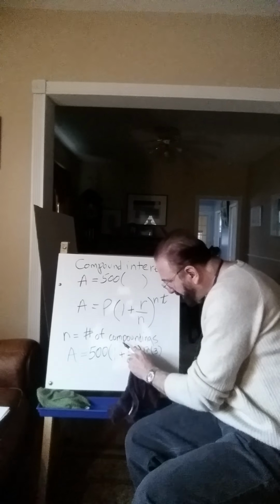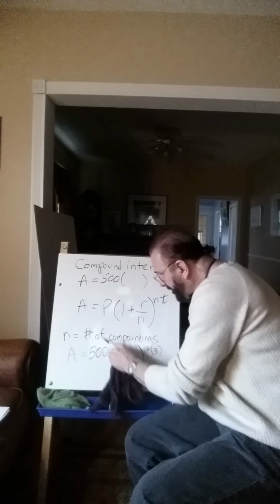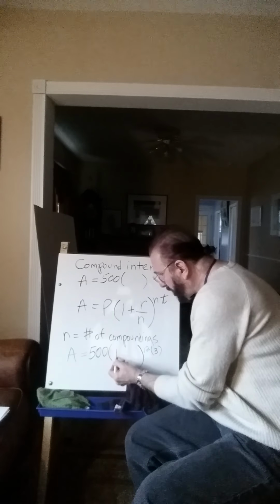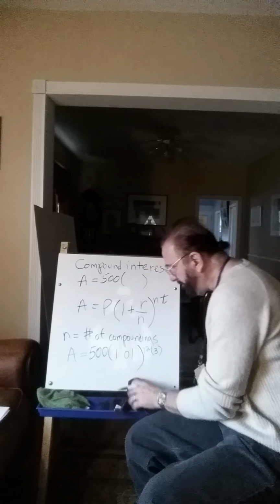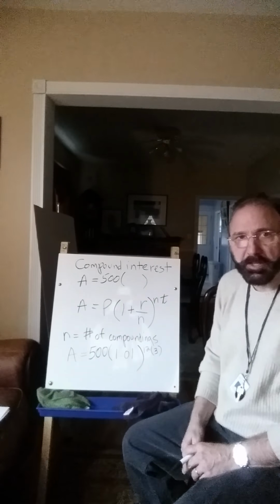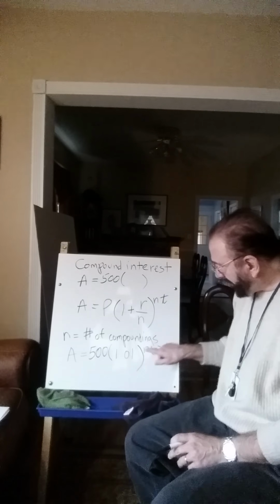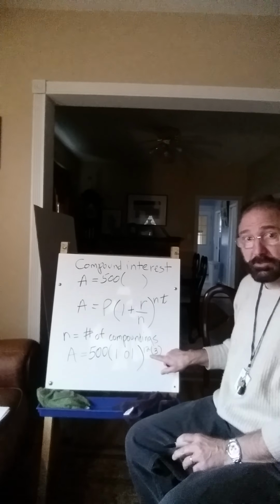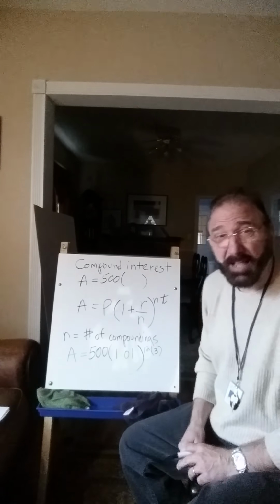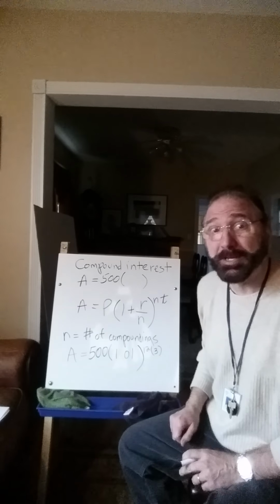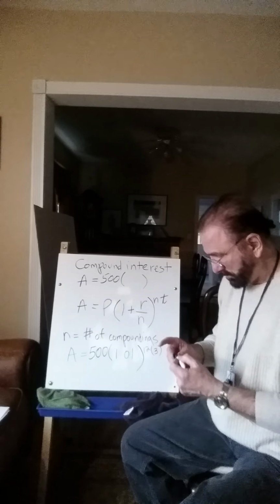So this whole thing here is 1.01. Okay, did that in my calculator. It seems to be right. Okay. But now I've got to raise it to not 12, not 3, but 3 times 12. I have to raise it to the 36th power.